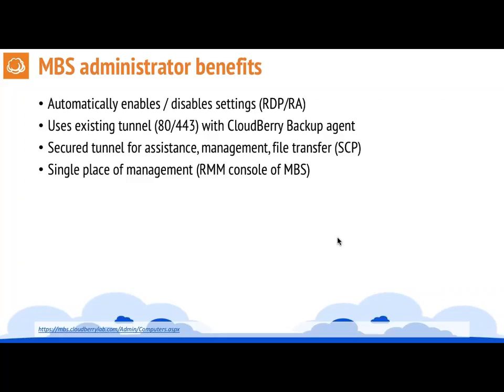So what are the benefits, and why did we decide to make this webinar? Basically, MBS administrators have some benefits having remote assistance, remote desktop protocol, VNC, and SSH technologies enabled on their endpoints when they have CloudBerry agents installed on them.